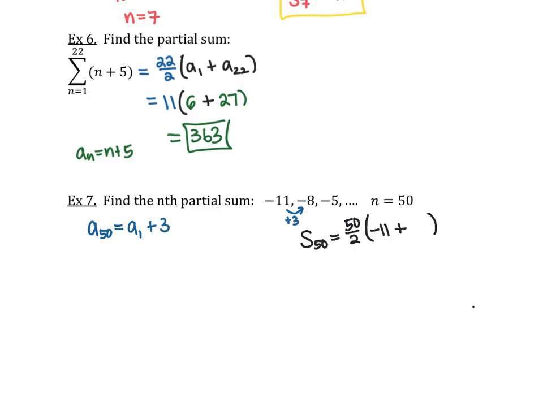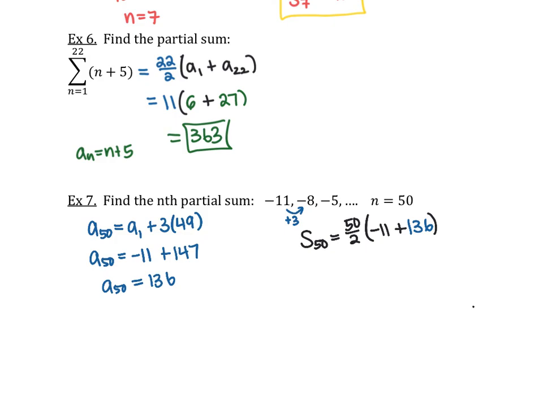So if I went from the first term to the 50th term, I would add 3 49 times. Since a1 is negative 11, 3 times 49, what is 3 times 49? 147. So the 50th term would be 136, and that is what I would input in here.